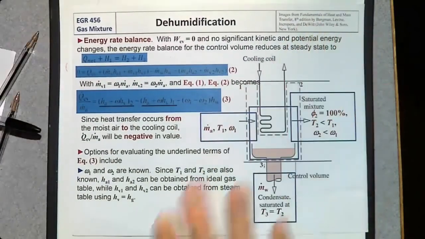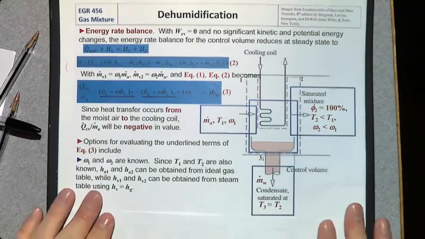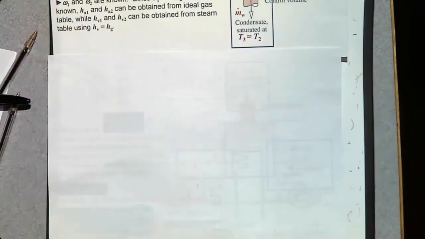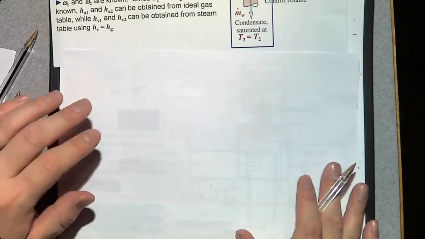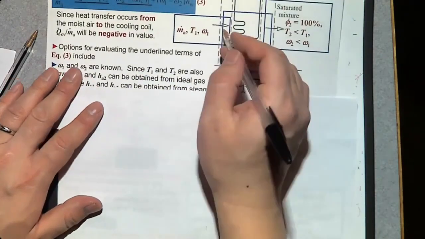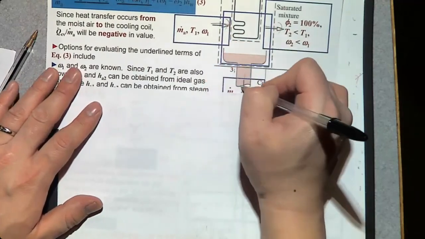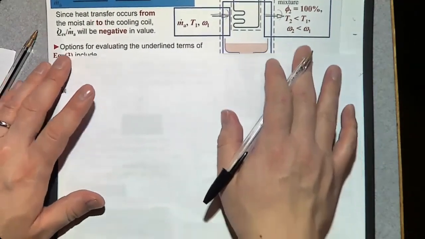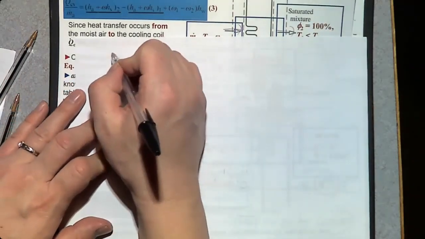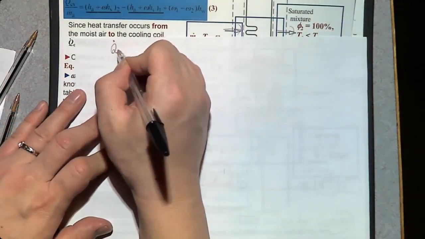Then what about energy balance? How can we use energy balance for this dehumidifier? We have one inlet and two exits. So if you do not know how to make the energy balance equation, always start with the general energy balance equation, Q dot in.